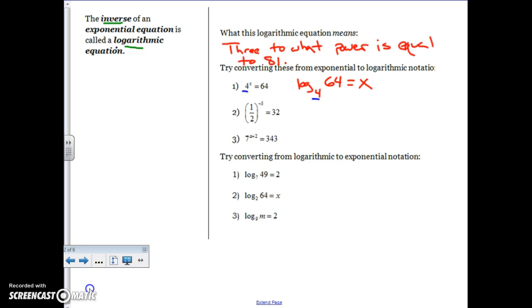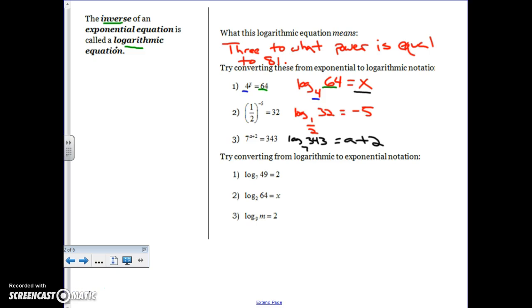Next, the exponential equation was equal to 64. Well, now we put it in this place. And remember, log form is always equal to whatever the exponent was from exponential form. So x was there, now it's here. Now, I'm serious. Try the next 2 and 3. Go for it.